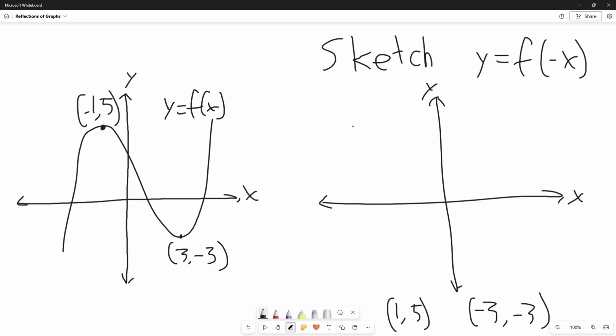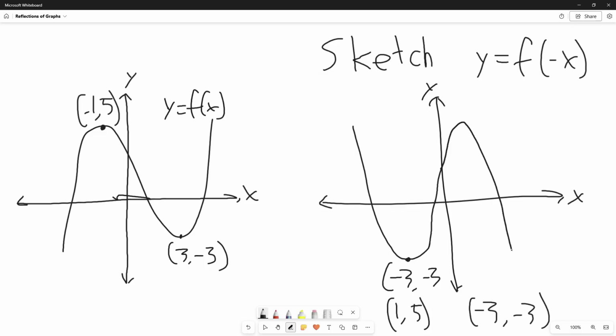It starts in the positives, goes down, touches our point at (-3, -3) instead of (3, -3), goes up, crosses right here, which is this point reflected over, and then crosses the y-axis, and all the points on the y-axis are unchanged, so this should be at the same spot. And then it goes up, crosses (1, 5) on the reflected side instead of (-1, 5), and then goes down.